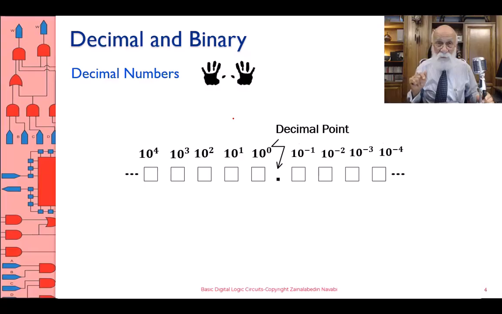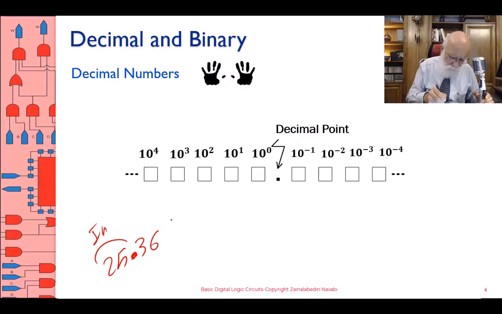If you look at the decimal number, we have, let's say, 25.36. We have a decimal point. We have an integer part. We have a fractional part.